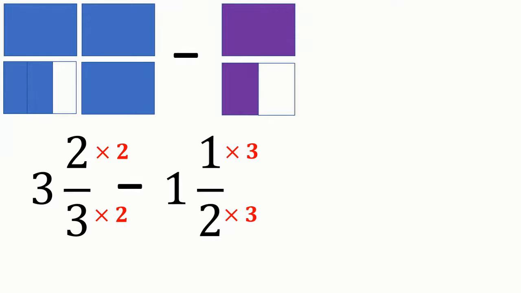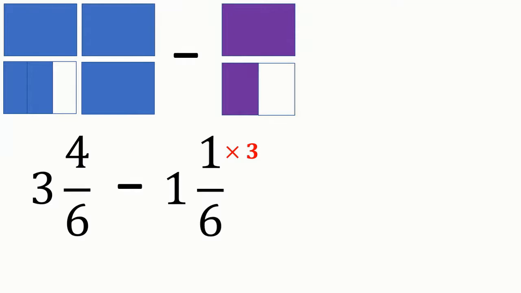So 3 times 2 or 2 times 3, that's 6. 2 times 2 is 4, and 1 times 3 is 3. So now it's 3 and 4/6 minus 1 and 3/6. How about the figures? Since 2/3 is multiplied by 2, that means each part of this is divided into 2.